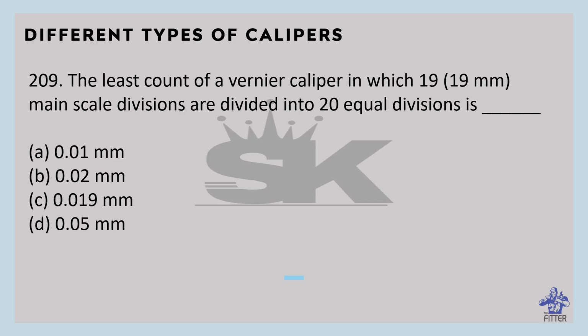The least count of a vernier caliper in which 19 mm main scale divisions are divided into 20 equal divisions. Okay, so one main scale division is 1 mm here. One main scale division equals to 1 mm.